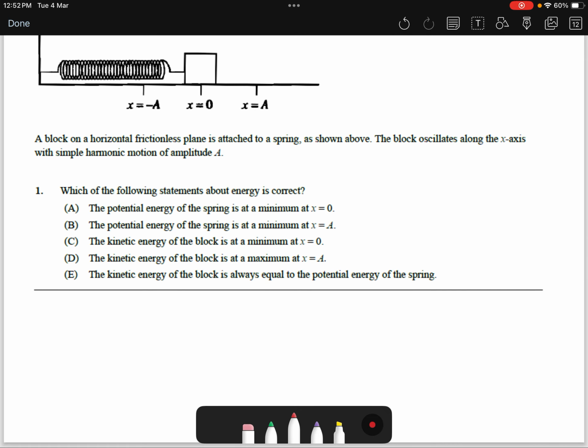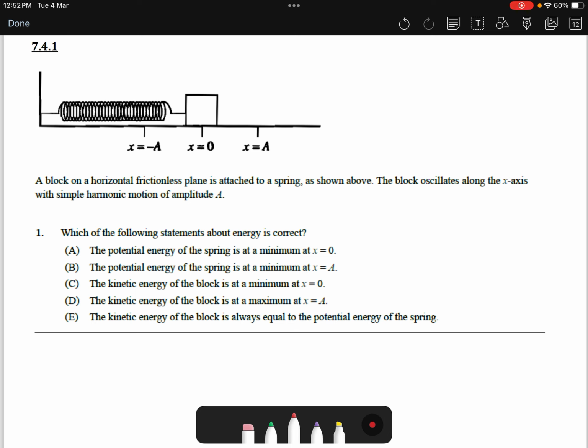Next question. Which of the following statements about energy is correct? We can read the question and answer it. The answer will be, as we said before, the potential energy of the spring is minimum at x equals 0. This is right.